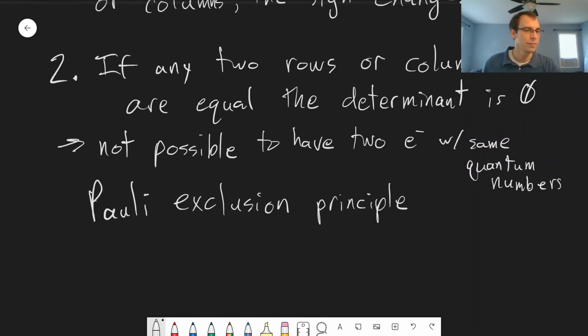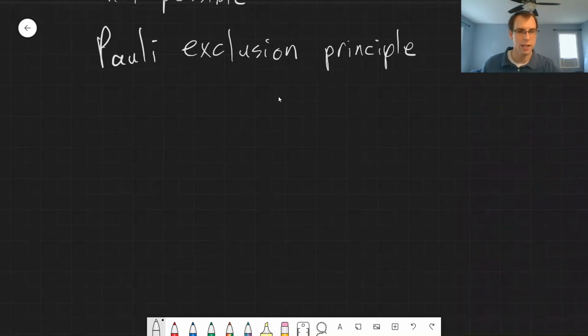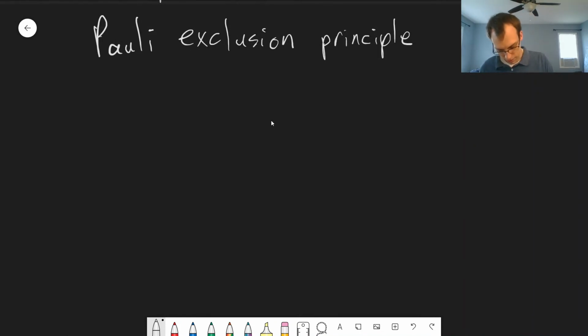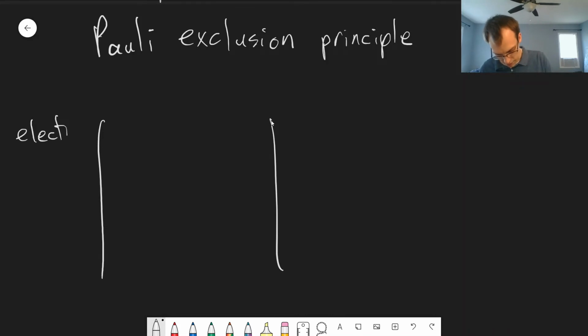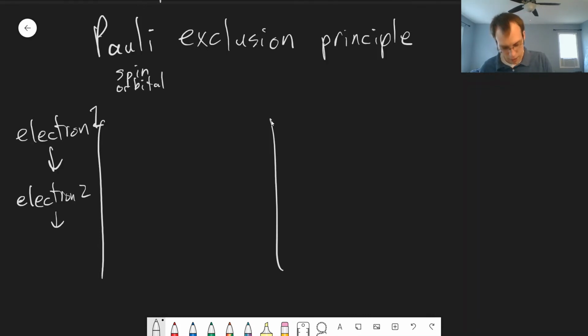So our general way that we make Slater determinants is that we'll have our determinant and we have our different electrons going as separate rows: electron 1, electron 2, etc. And then we have our different spin orbitals going across the top here, however many we need: spin orbital 1, spin orbital 2, etc. And the last thing we're missing is normalization.